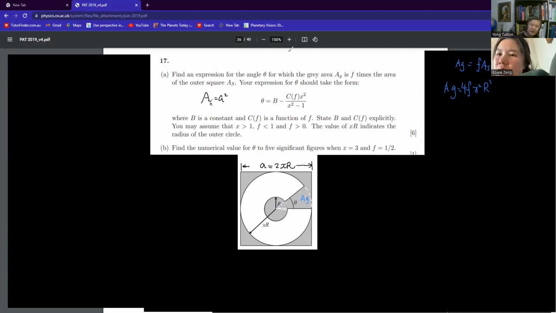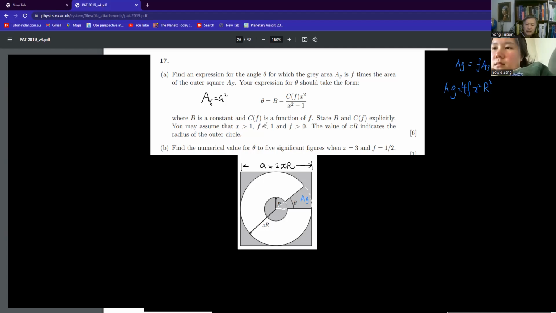What's B? B is a constant, and C and F are functions. B is a constant, it doesn't matter, you can work out this constant.